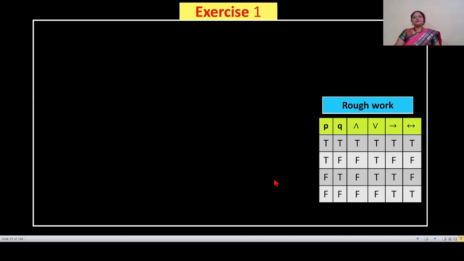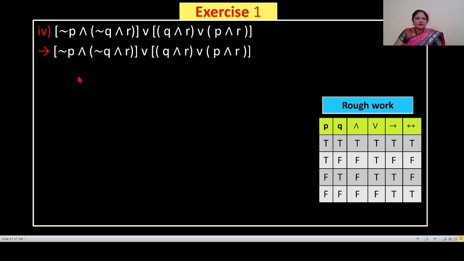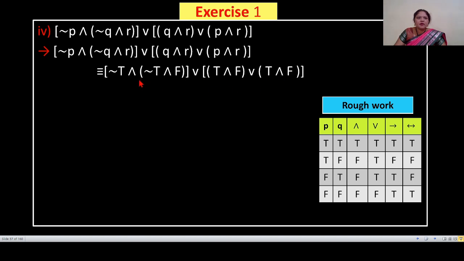Next example. Negation P and negation Q and R, or P and R, or P and Q and R, or P and R. First put truth values of P, Q, R, S. Negation T and negation T and R, or T and F, or T and F. Okay.